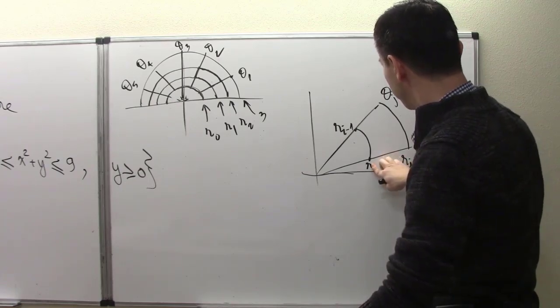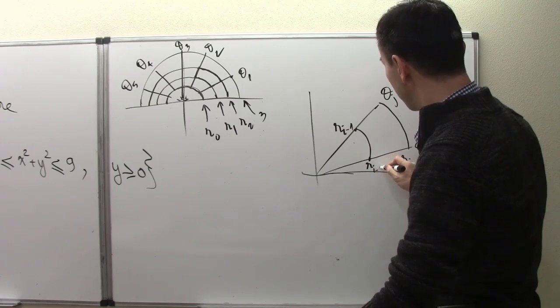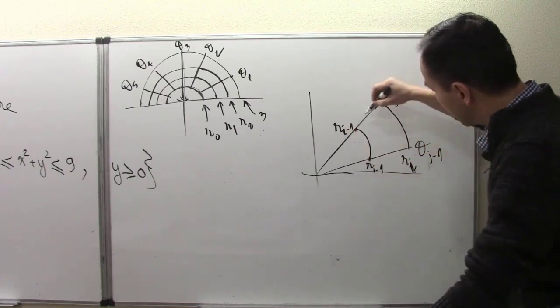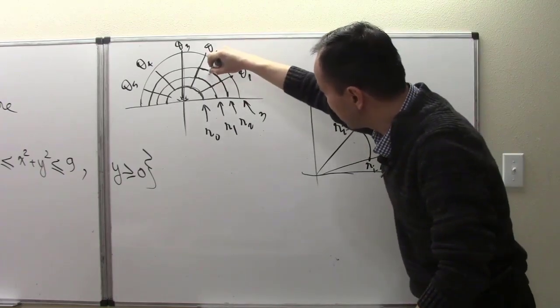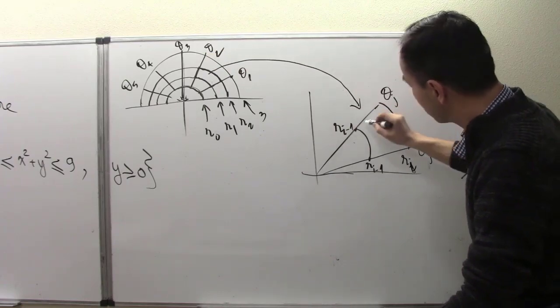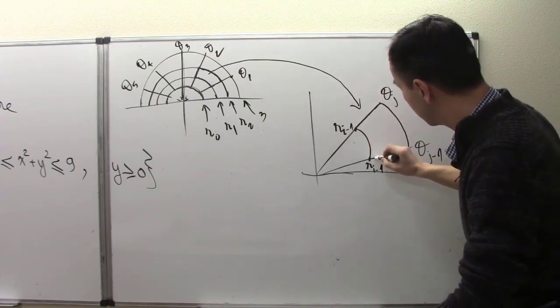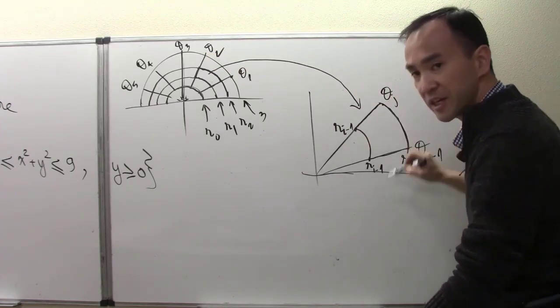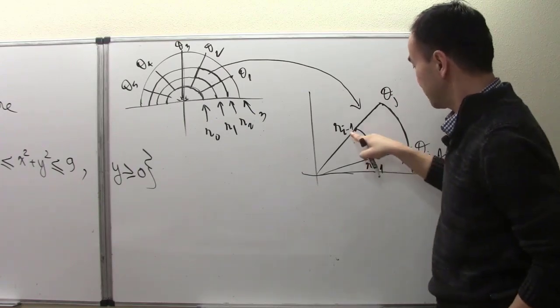So this is radius i minus 1, just like that. And so the area that I'm talking about here is transformed into this picture, in a more extracted and zoomed in picture like that.